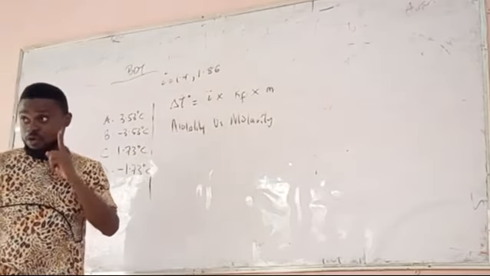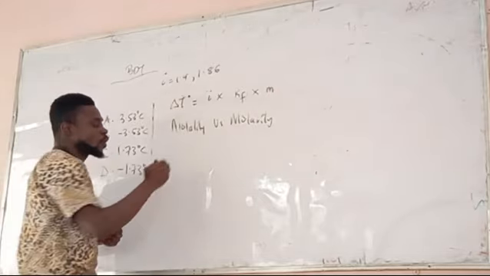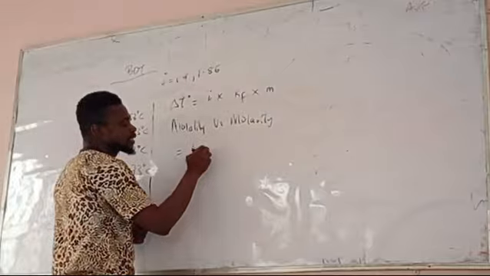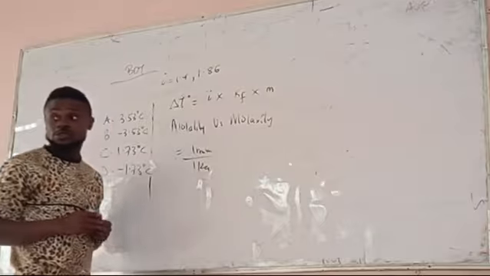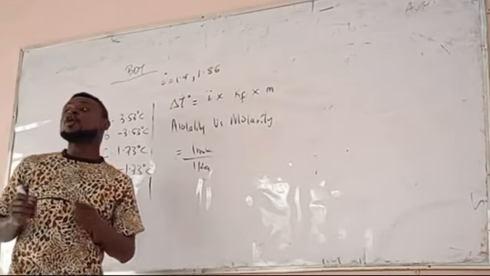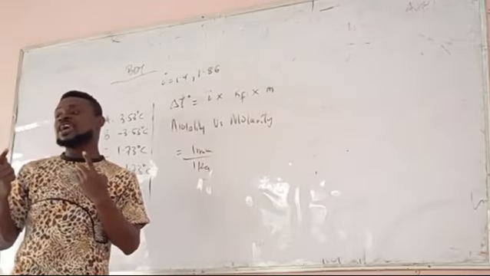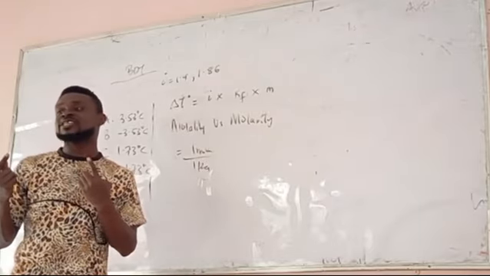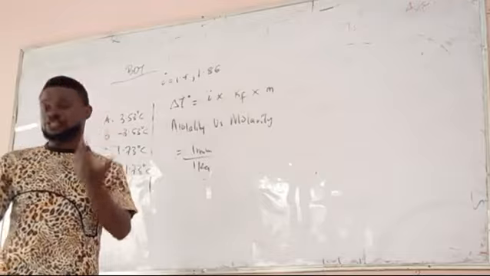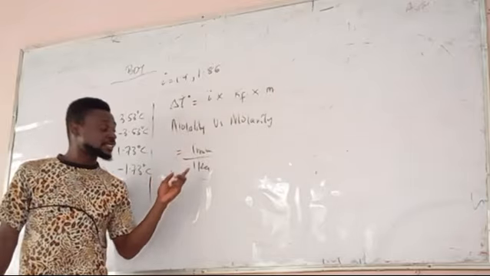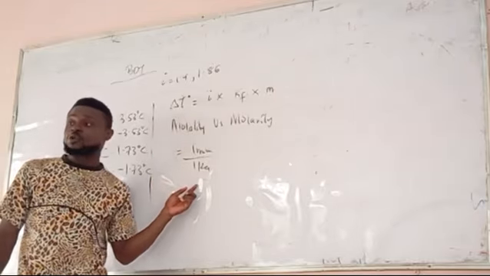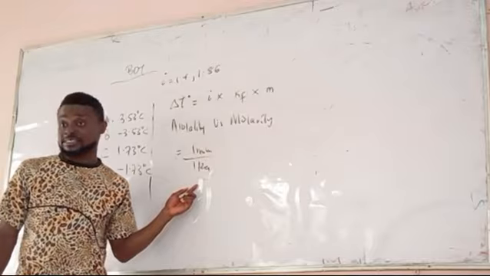Is that clear? 1 mole of substance in 1 kilogram of what? So if you hear something like a molal solution, what it means is 1 mole of the substance over 1 kilogram of the what? Solvent. Is that clear?